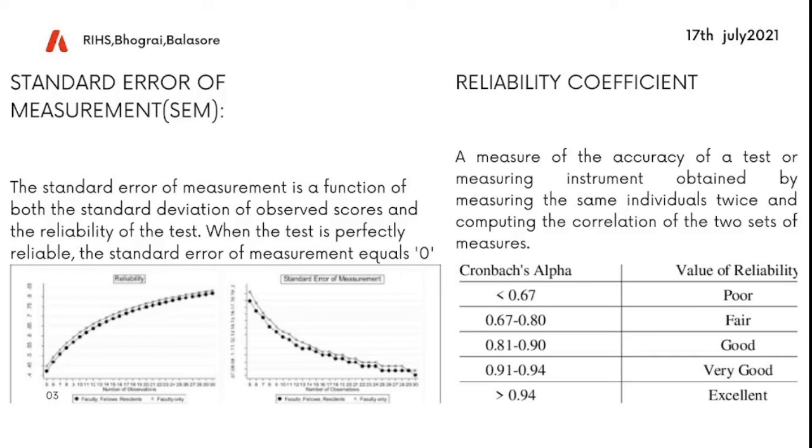The reliability coefficient can be expressed in terms of Cronbach's alpha, and you can see the values.